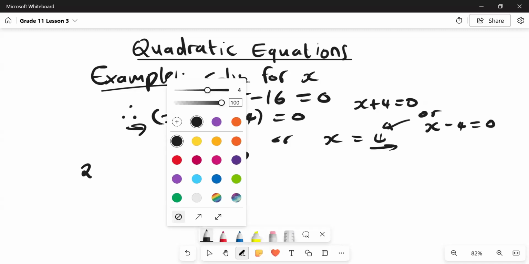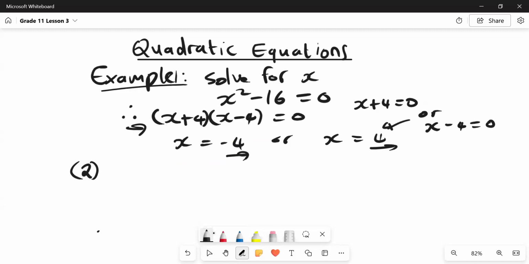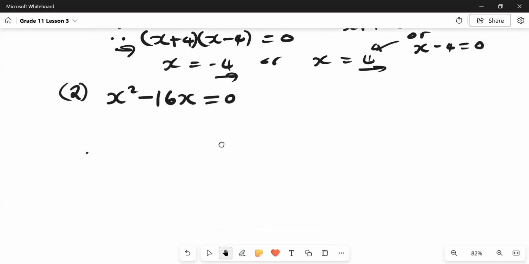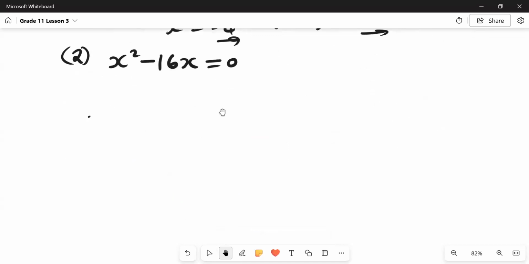So now let's move to example 2. Now they're saying solve for x again, but now we are given x squared minus 16x equals to 0. Wow, this is a bit different now, right? How do we solve this? The first thing that you have to take note of: do not divide by x, because then we are actually losing some of the solutions.